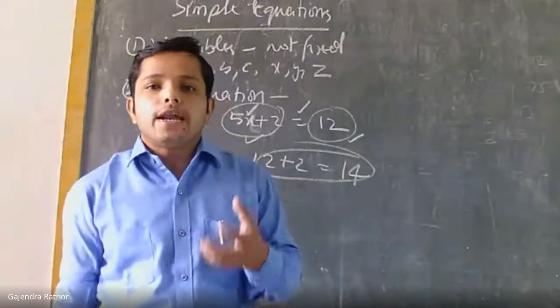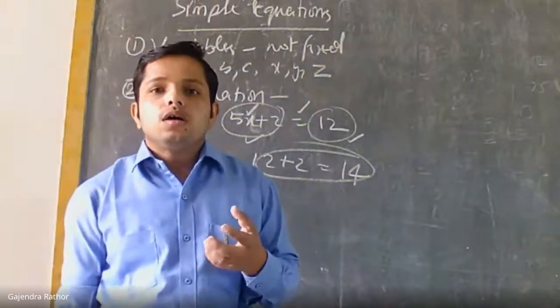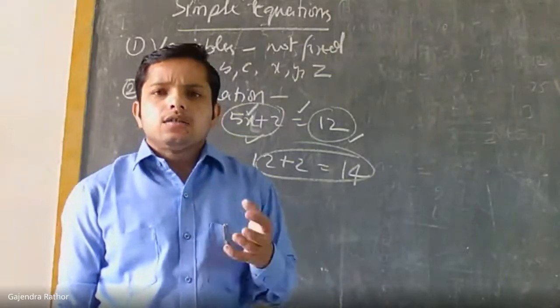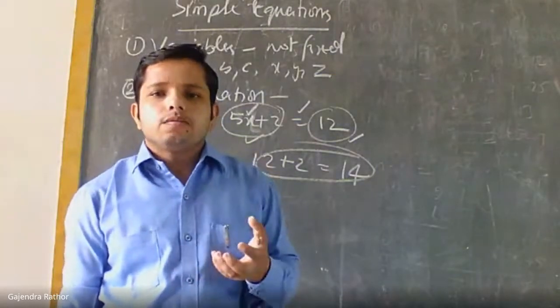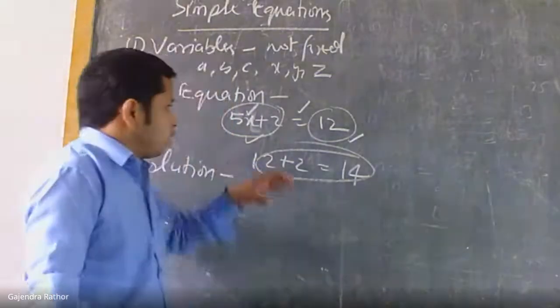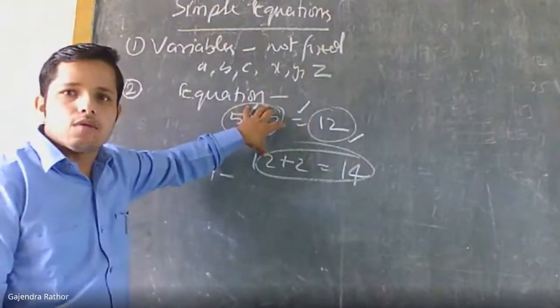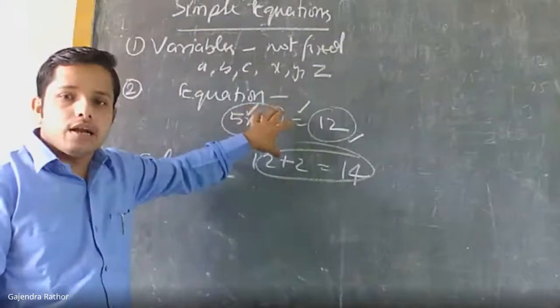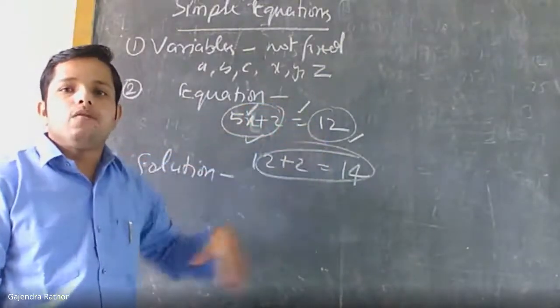The value of the variable, the answer, that satisfies the equation. Again, sir, what does satisfy mean? Satisfy means when we place the value of the variable in the equation, the value of both sides will be equal.